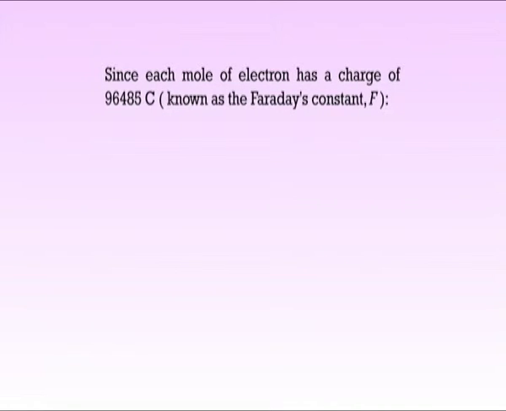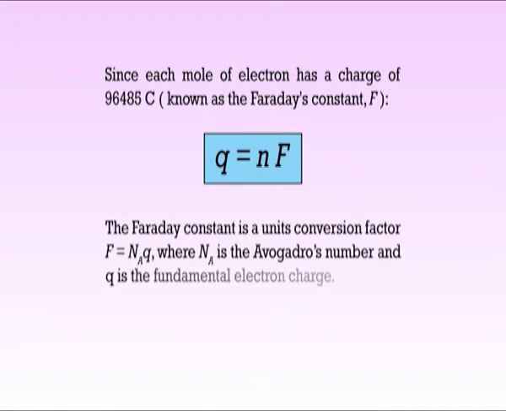Since each mole of electrons has a charge of 96,485 C, known as the Faraday's constant F, Q equals nF. The Faraday constant is a units conversion factor, which is F equals N_A q, where N_A is the Avogadro's number and q is the fundamental electron charge.